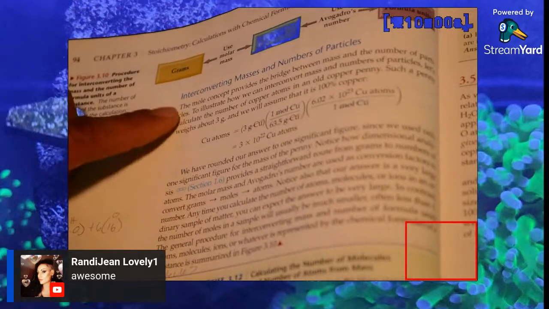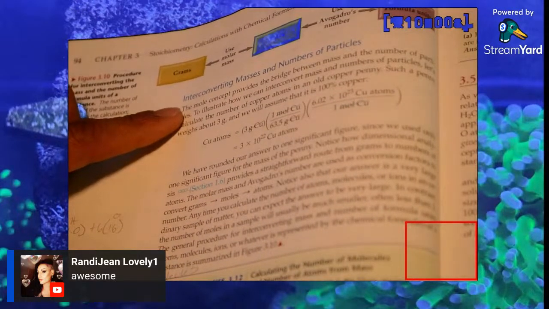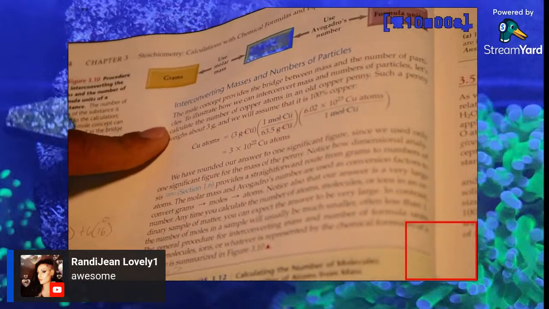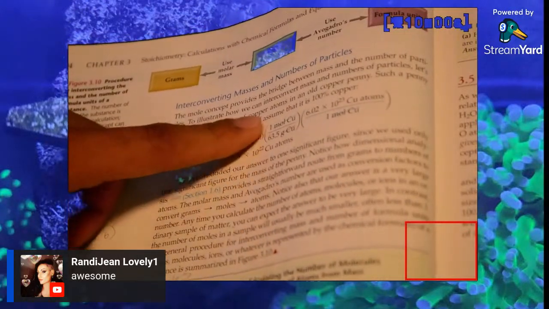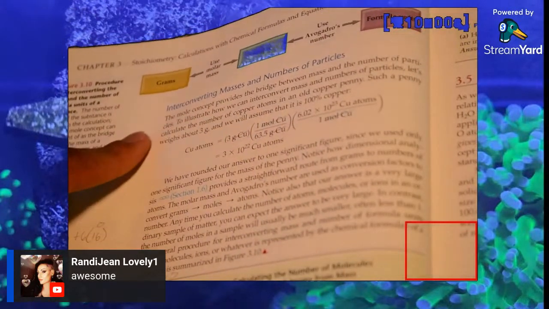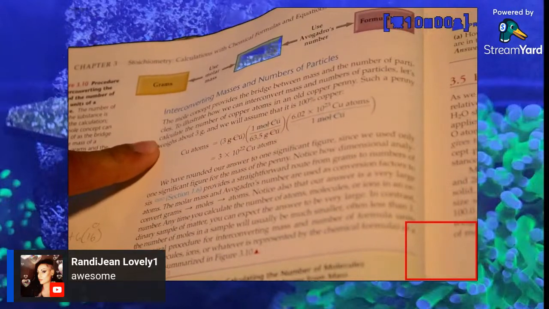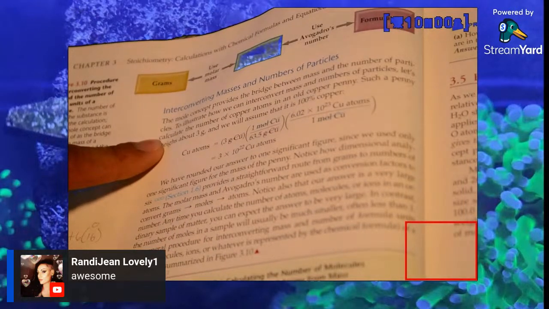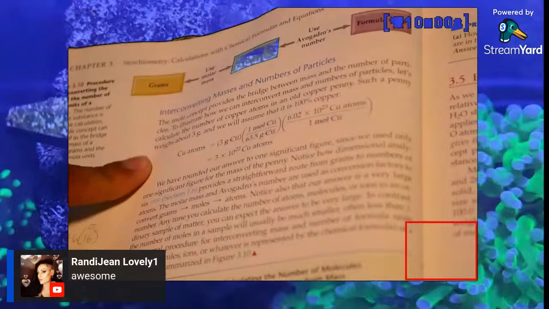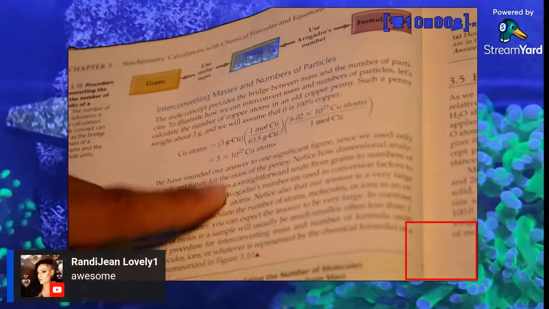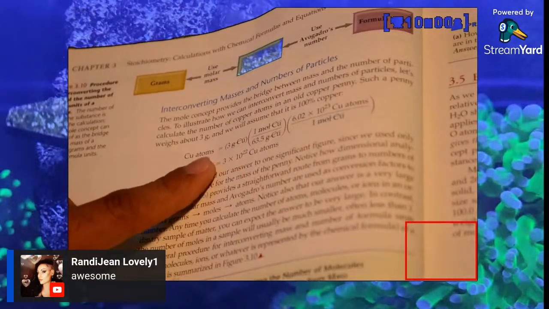So, interconverting masses and numbers of particles. The Avogadro constant provides a bridge between masses and the number of particles. To illustrate how we can interconvert masses and numbers of particles, let's calculate the number of copper atoms in an old copper penny. Such a penny weighs about 3 grams, and we will assume that it is 100% copper.